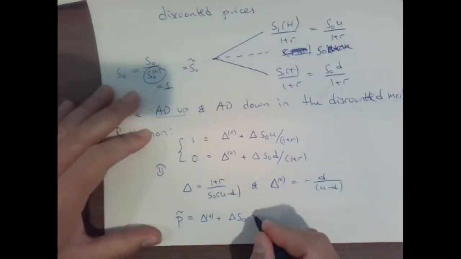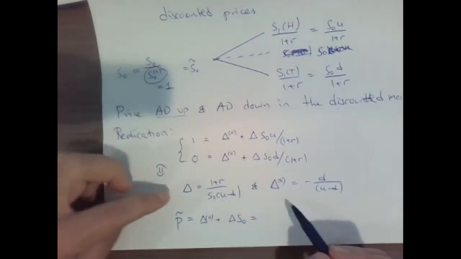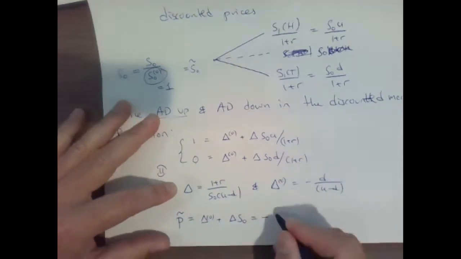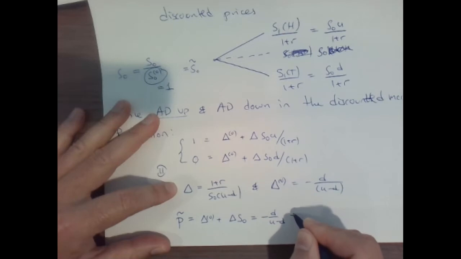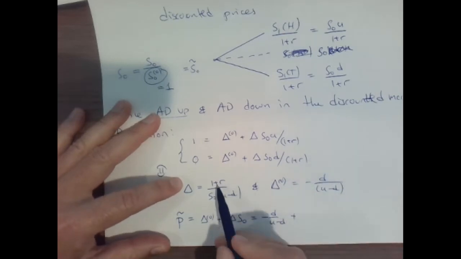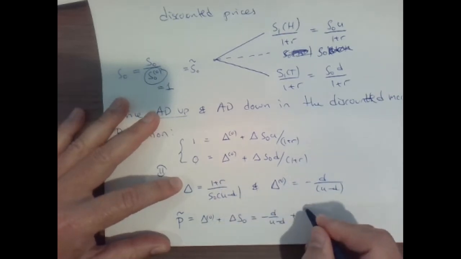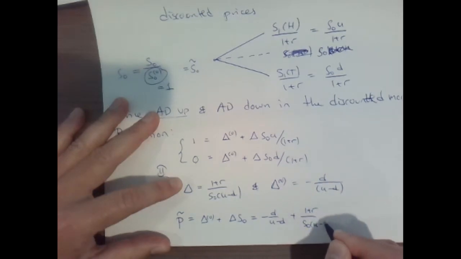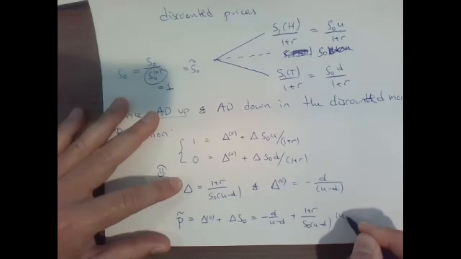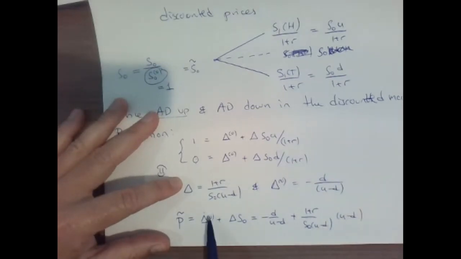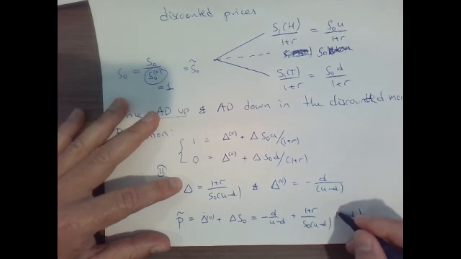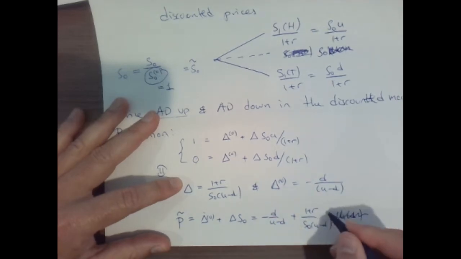And so we'll plug in my solutions: minus D over U minus D plus 1 plus R divided by S0 times U minus D times U minus D. Did I do that right? No, did not do that right. Have an S0 there.